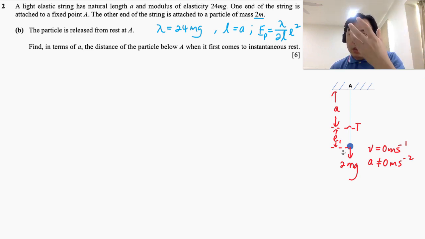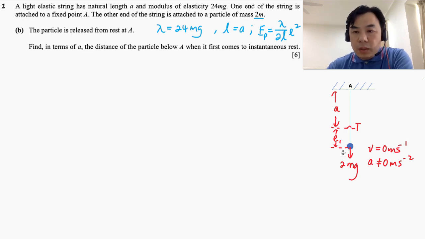If you just release it and let it come to equilibrium, the extension will be less than when you release it and it reaches instantaneous rest. Those are two different conditions because of the gain in gravitational potential energy. Therefore, it would be extending longer than when it was in equilibrium. So I hope that is clear.